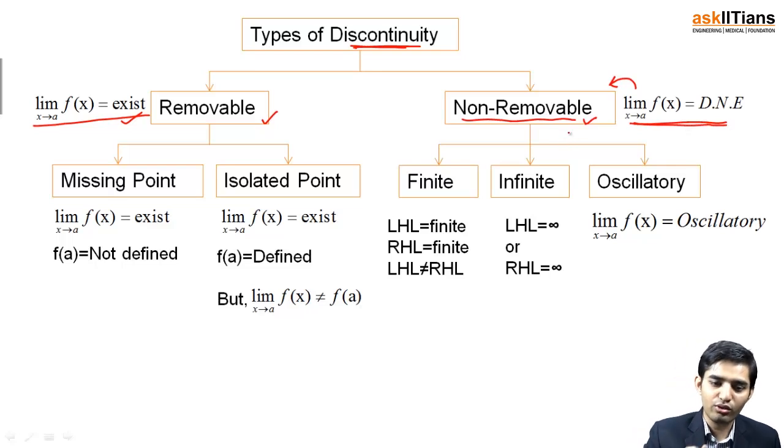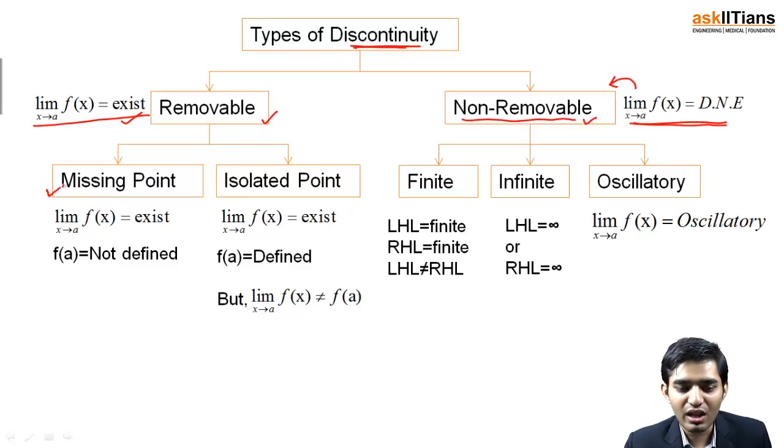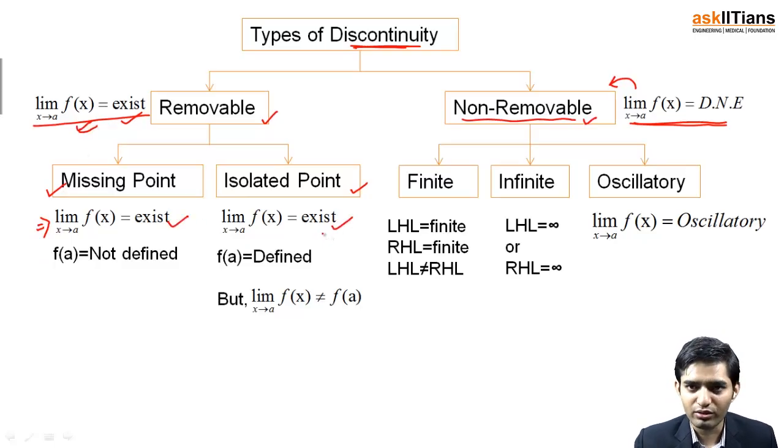Now in removable also there are two main types: missing point type and isolated point type. Missing point type discontinuities will come if the limit exists. The limit should exist for a removable type of discontinuity, so in both cases, isolated and missing point, the limit should exist.